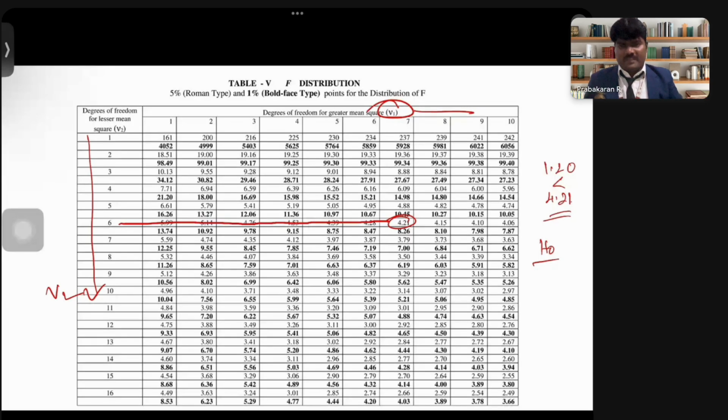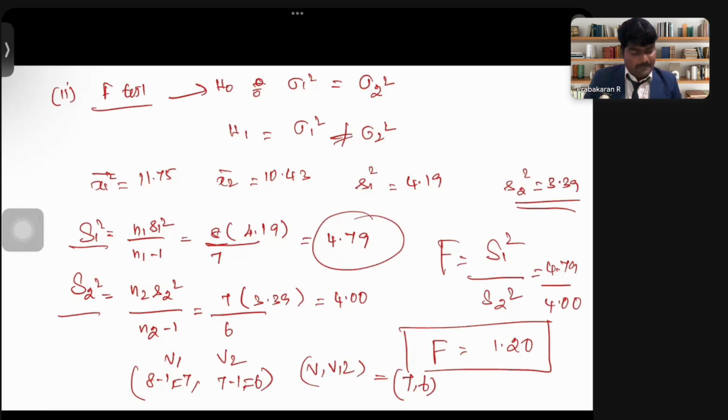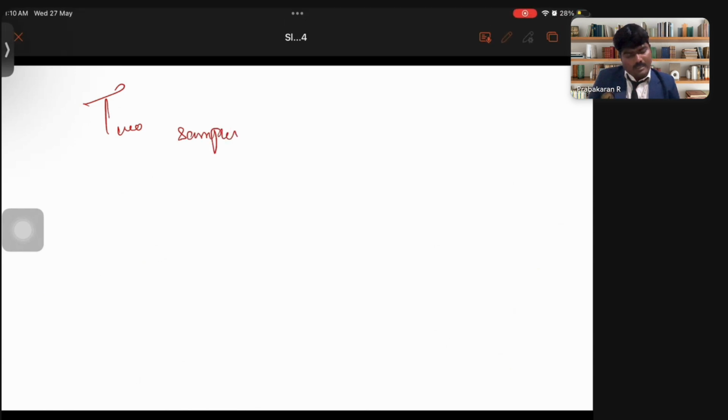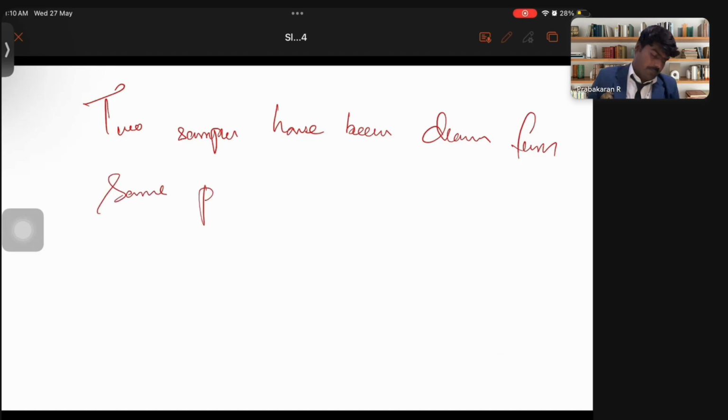So we can conclude that we have checked the means by using the t-test and the variances by using the F-test. Both are equal, so we can conclude that the two samples, as they have given in the question, have been drawn from the same population.